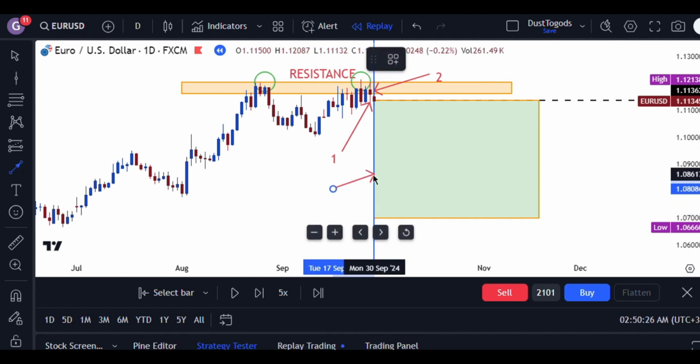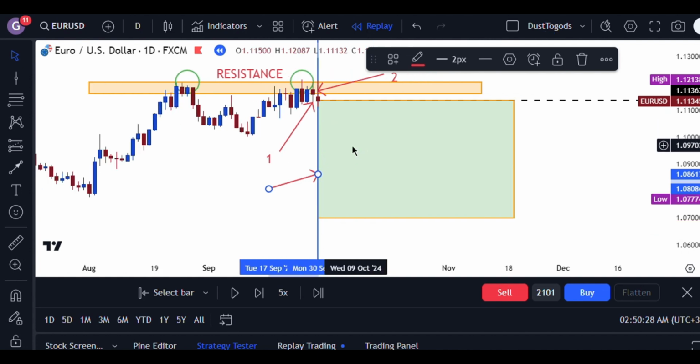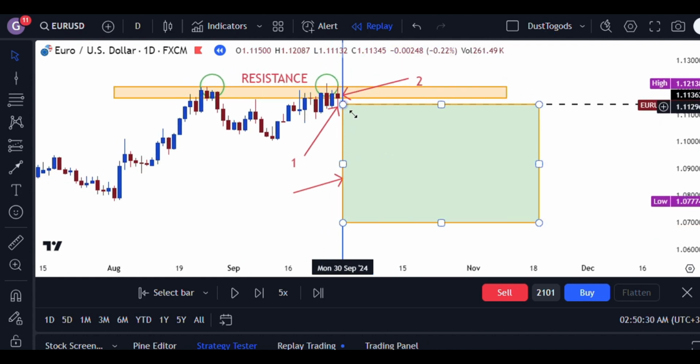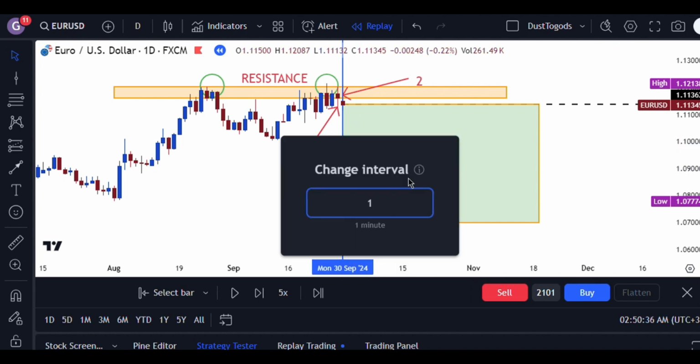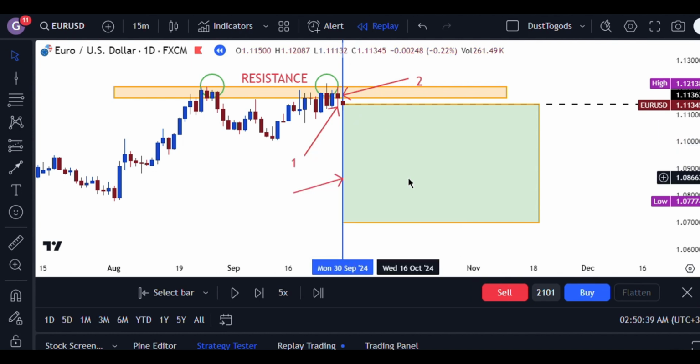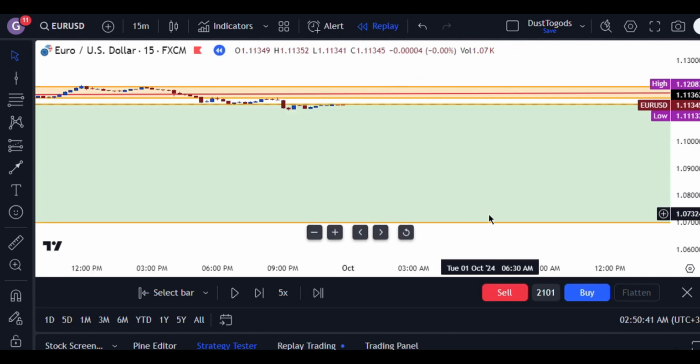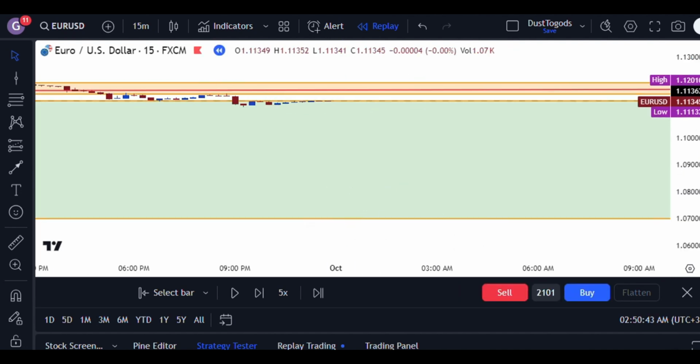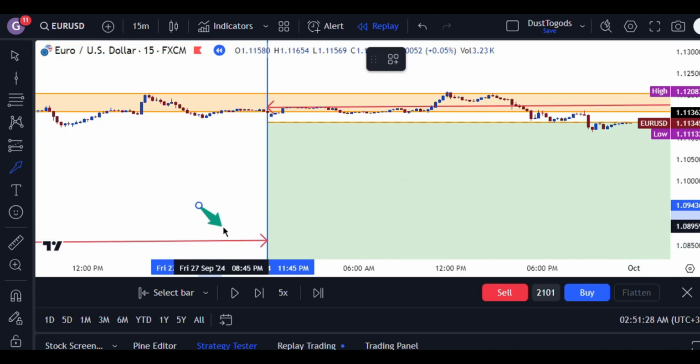This is our vertical line right here. So we mark out with a vertical line that daily candle, second day candle, when it is closed. Then we go to our 15 minutes time frame on the third day. The previous day was 27th.